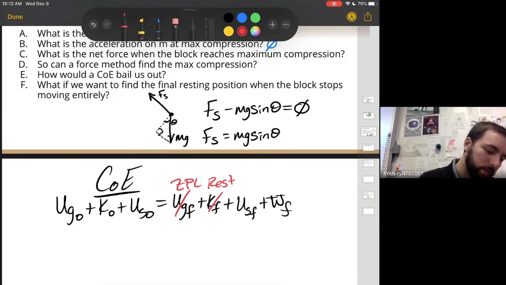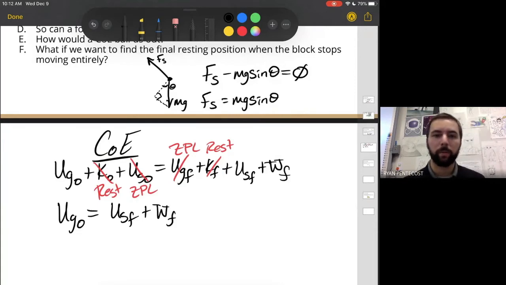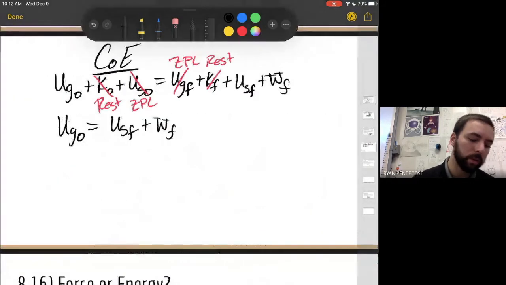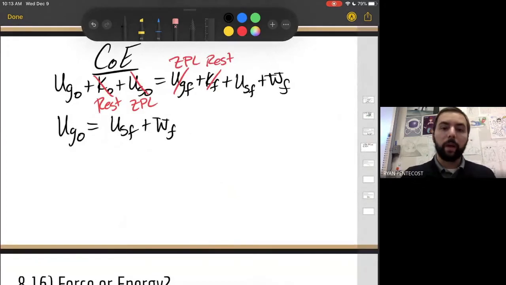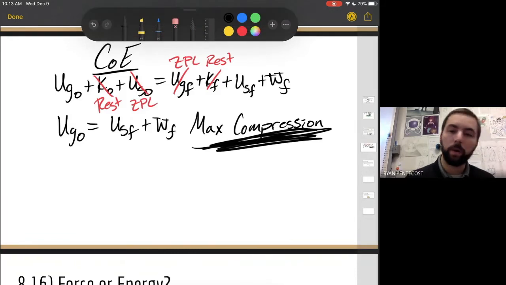Let's say it even started at rest, and the spring started at ZPL. So then your potential energy goes to spring potential and the work done by friction, right? That actually looks very similar to what we just did, only that was with kinetic energy, not UG naught. So this could tell you the maximum compression. If you want to know max compression, this is what you would use.